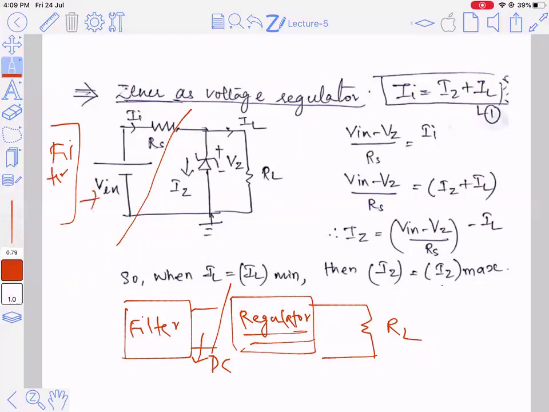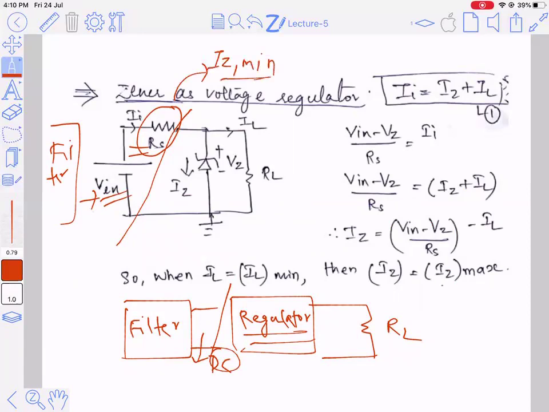Output of the filter is DC, no? So that's why it's represented by a battery. What is this RS? RS is the series resistance that we are putting in order to ensure that the current through the Zener is at least IZ minimum.